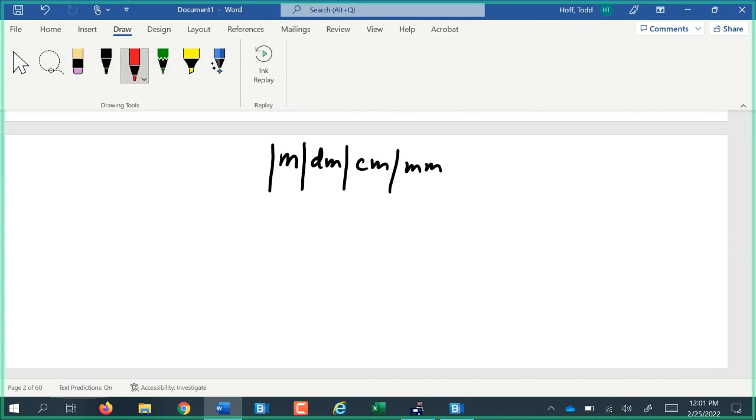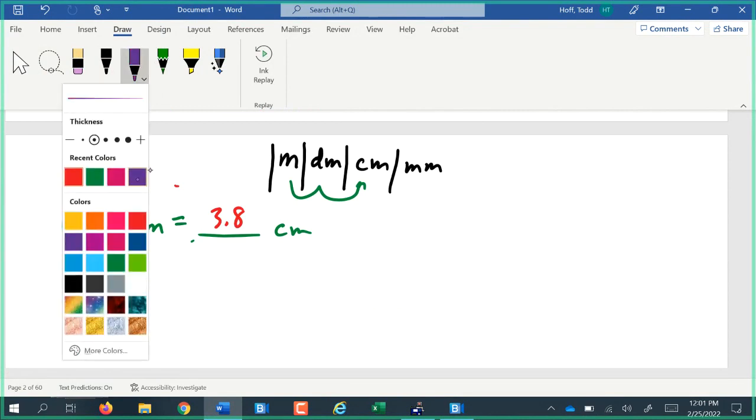When I converted, as we said, 0.038 meters into centimeters, we were moving 2 spots to the right, so our decimal point moved 2 spots to the right, giving us 3.8 centimeters. The reason for that was every place on that chart was just multiplying or dividing by 10, so it was just moving the decimal point 1 spot.